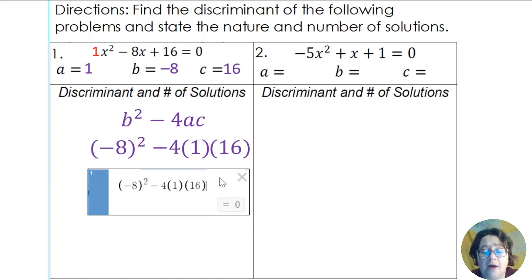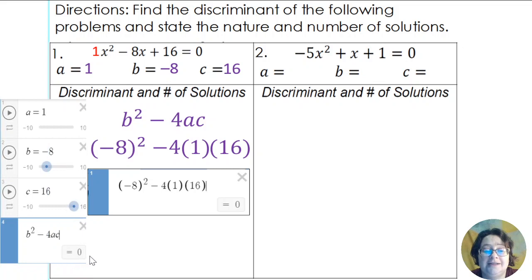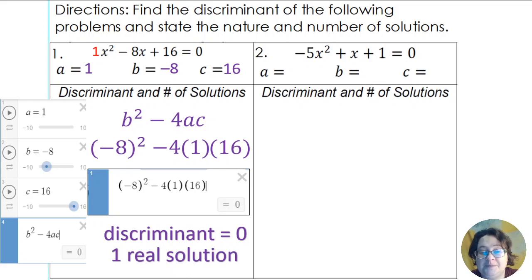Or the other option is to write a equals 1, b equals negative 8, c equals 16, and then type in b squared minus 4ac, in which case it still finds your answer there by substituting those numbers in. So whichever way you opt to put it into Desmos, you get back 0 for this one. So since our discriminant equals 0, that means we have a double root, or one real solution.